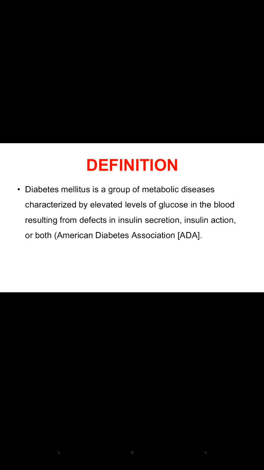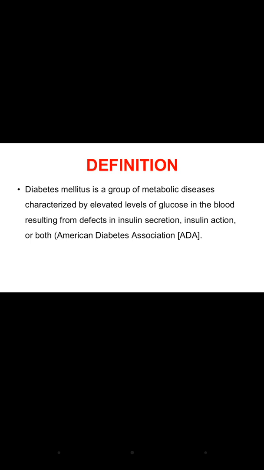And this definition is given by ADA, that is American Diabetes Association. So basically, when we define the term diabetes mellitus, it includes a group of metabolic diseases, and in this group there is blood glucose levels elevation.